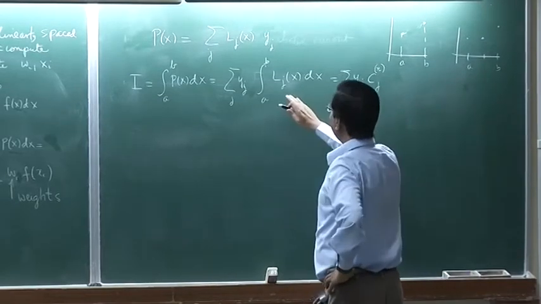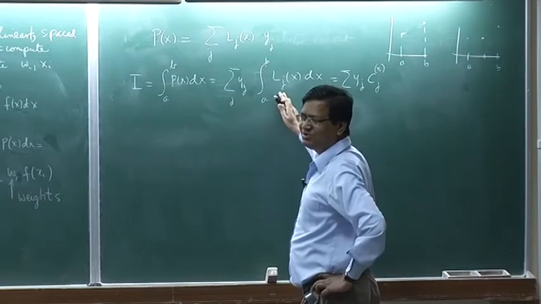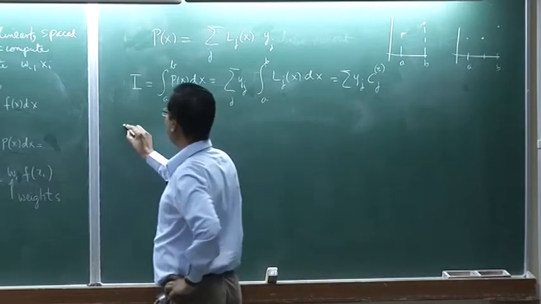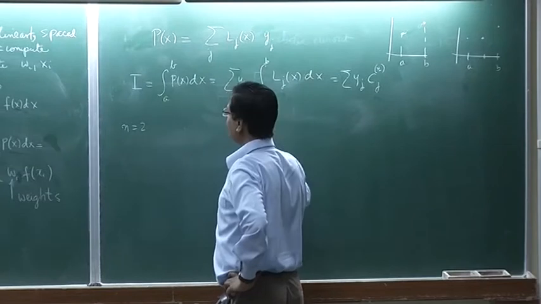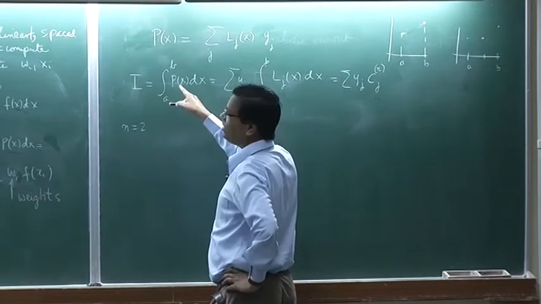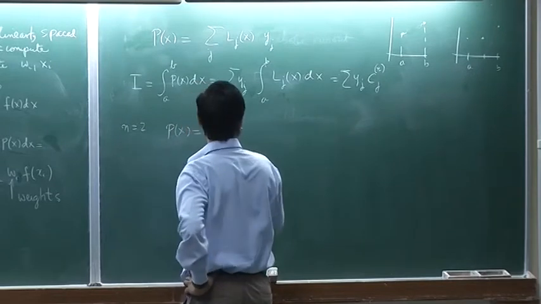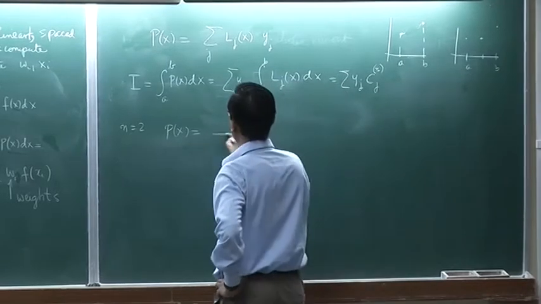Okay, so we need to integrate this. Now let's do some trivial functions. N equal to 2. What is my f(x)? Lj. So let's look at p(x). In fact, we did this before.